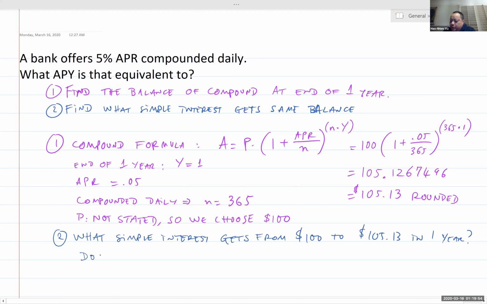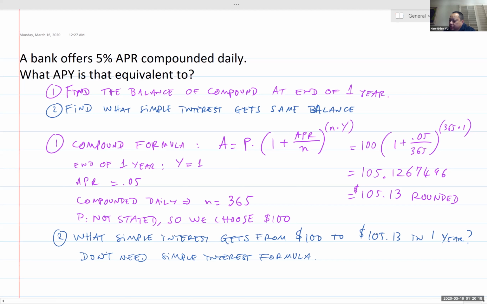So we don't need the simple interest formula. If it were a weird number, not $100, we would, okay? P times APR times T and all that. But we don't need to, okay?